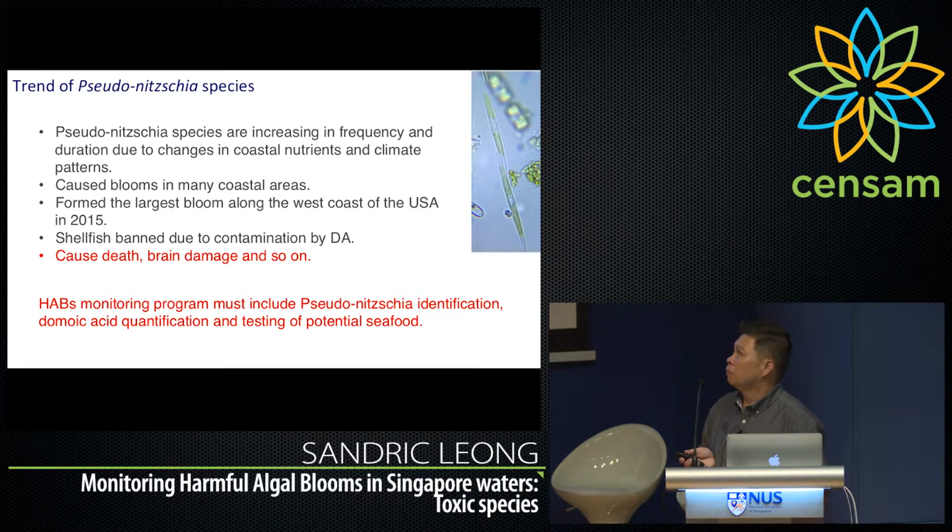One example is that they formed the largest bloom along the west coast of the United States in 2015, and many of the beaches and shellfish were banned due to contamination by domoic acid. Some of these blooms cause death, and could cause brain damage and some lung problems as well.